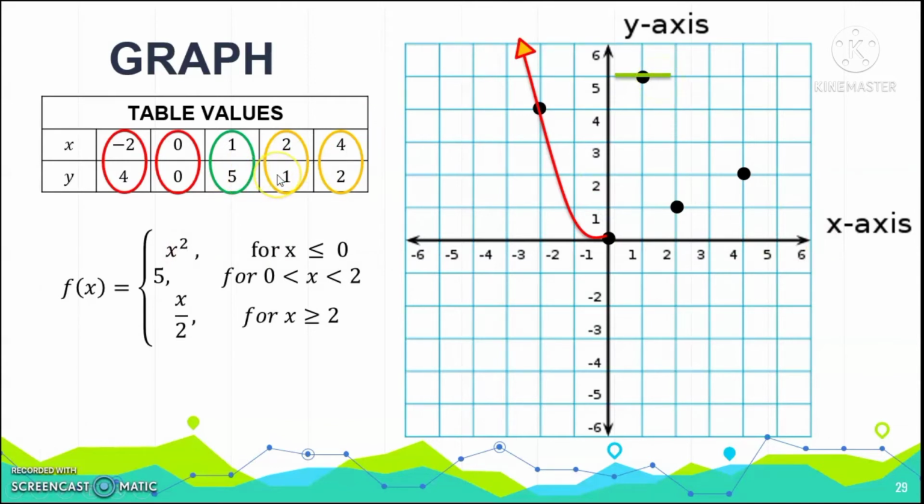And then 2, 1 and 4, 2, so we have the function. So we have to exclude 0 here and 2 since for our restriction, x is greater than 0 but less than 2. It does not belong here in the graph of f of x. That's why it is a hollow dot.